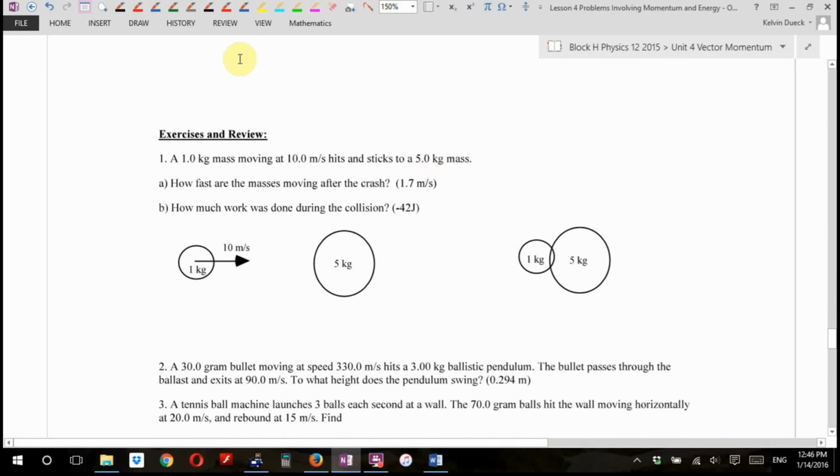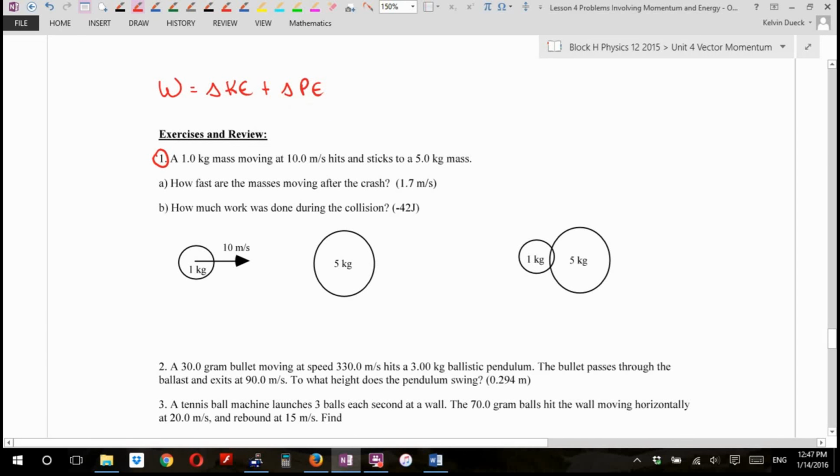So I want to give you lots of time to practice this as well. Questions that you could do. If you look at number 1, what's B asking me to find? Wait a minute, work. I don't see a force or a distance, Mr. Dewick. I think you can safely use work equals the change in kinetic plus the change in potential.